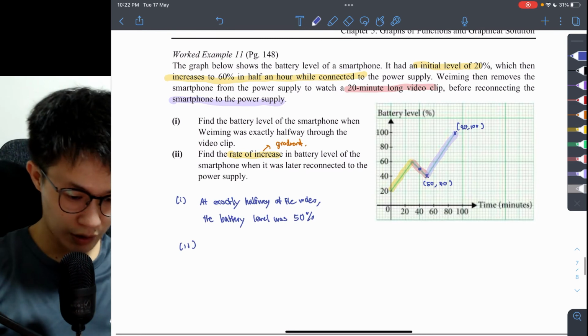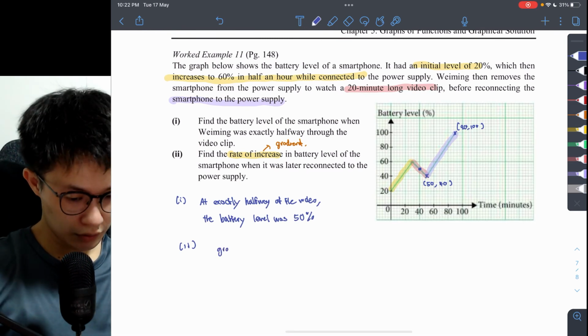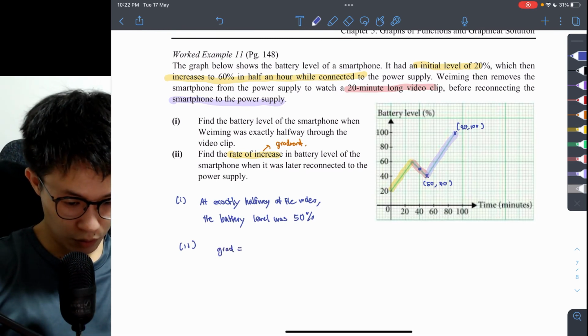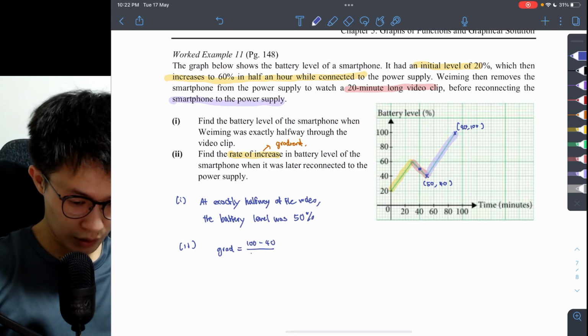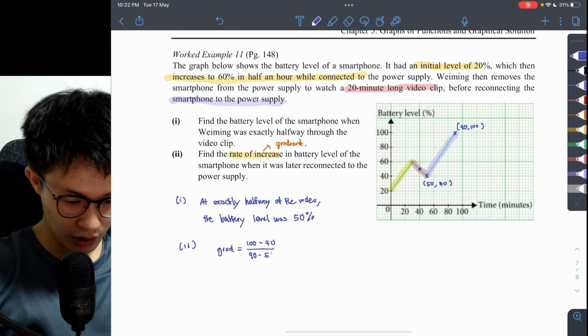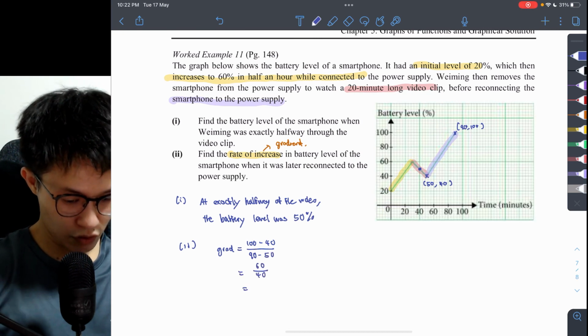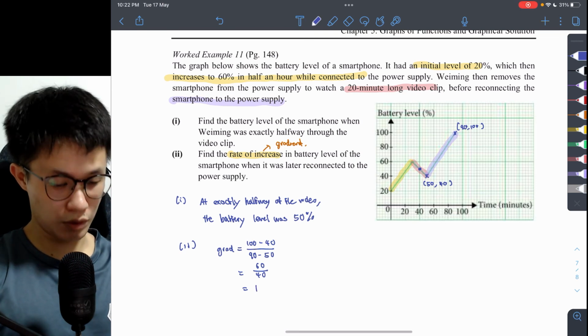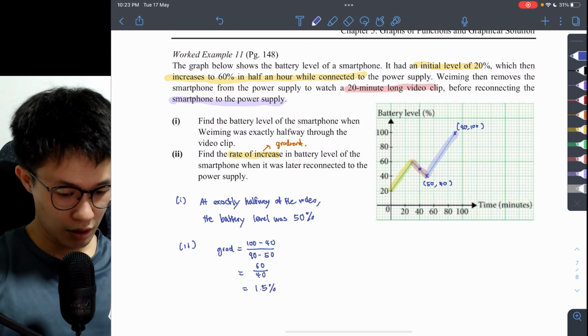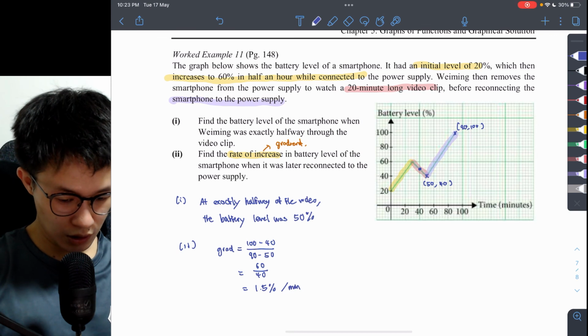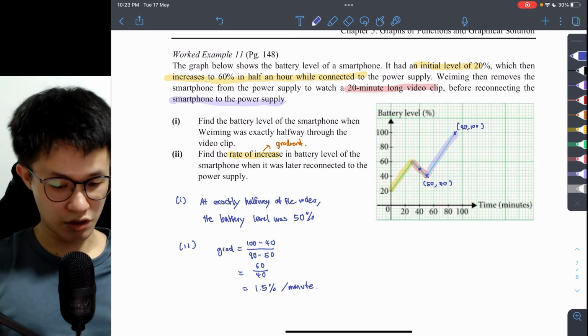So we're going to find the gradient. The gradient is equal to 100 minus 40 over 90 minus 50. You will have 60 divided by 40, which gives you 3 over 2. So 1.5% per minute. We must make sense of the gradient.